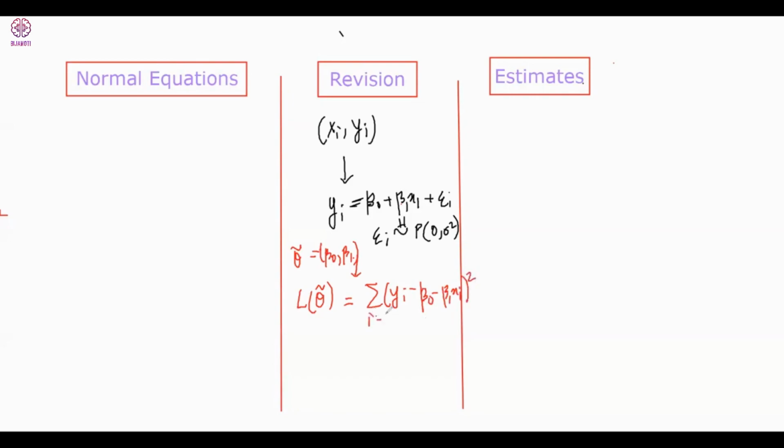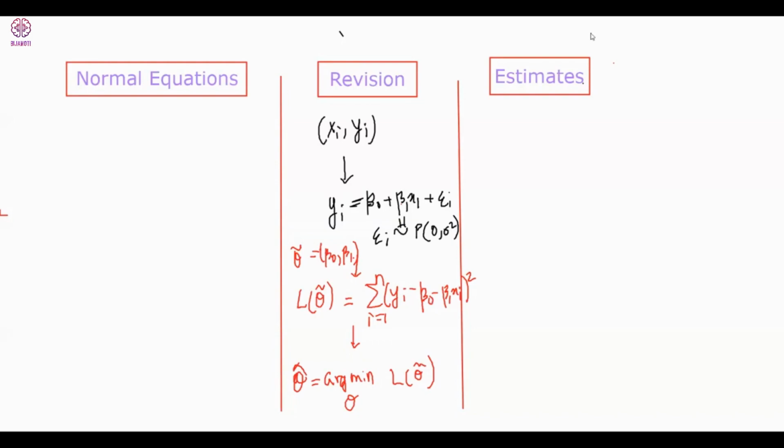Next we minimize the loss function to get theta hat, that is beta naught hat and beta 1 hat, so we do argmin over theta of L of theta. This is the basic idea of the theory of least squares.